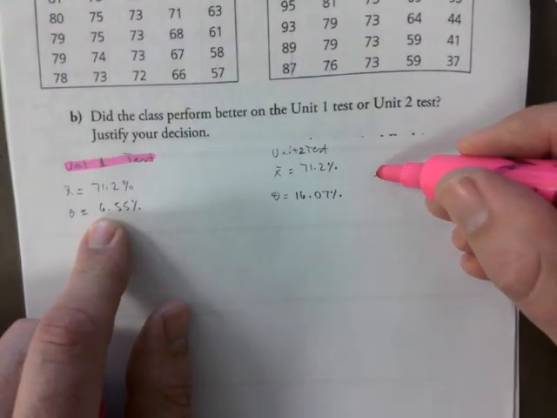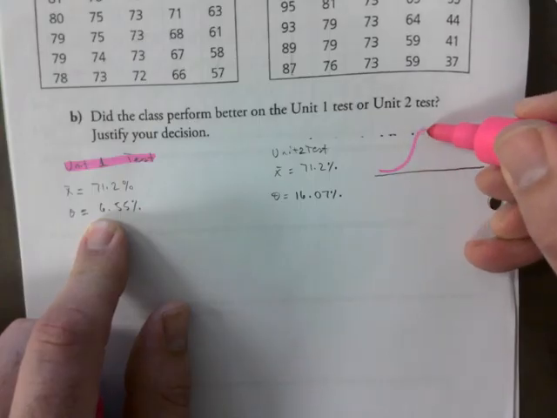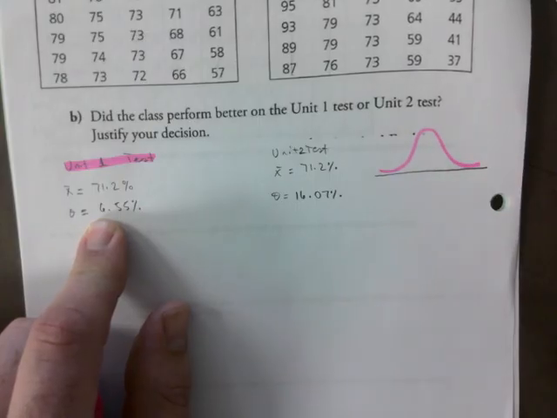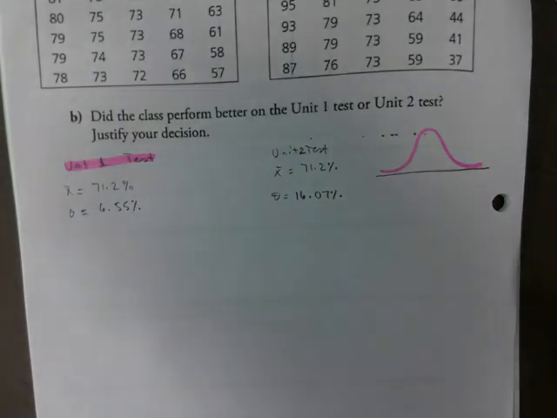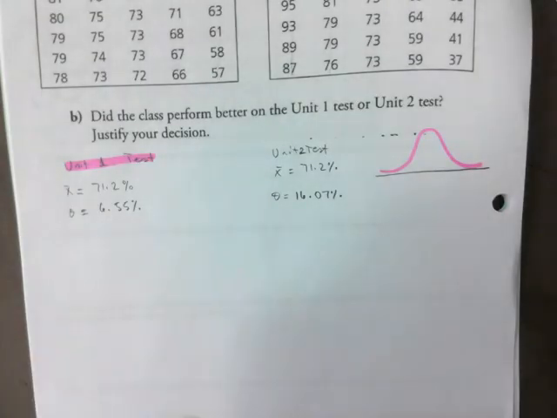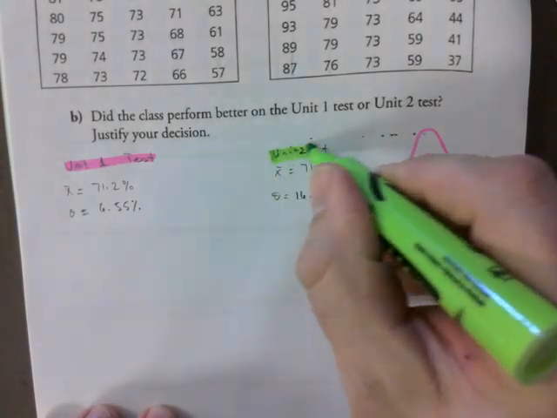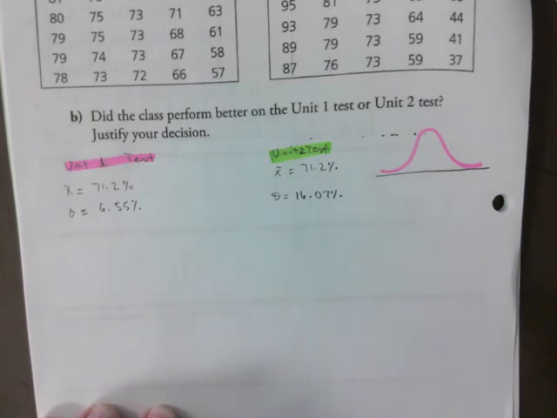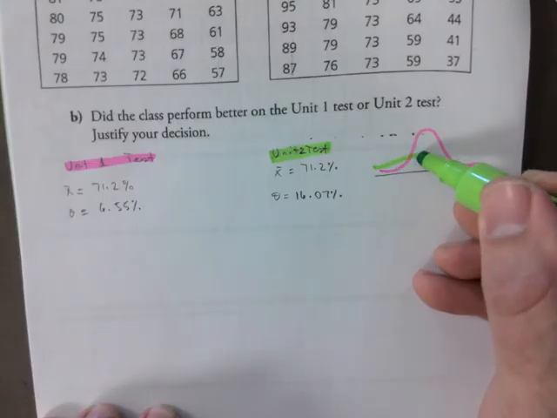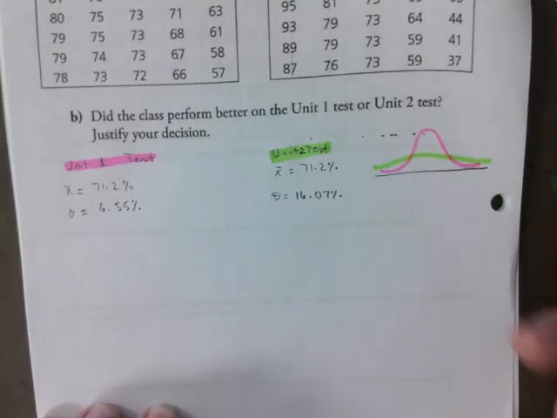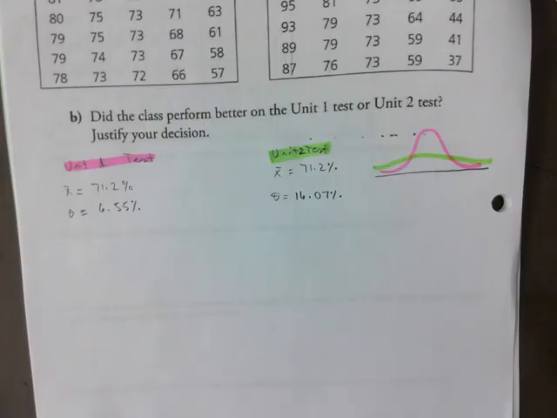So you would expect something like this, everything is clustered together, versus unit 2 test, it's going to be flatter, more spread out. Okay. So that's one thing in terms of observation that you can think of.